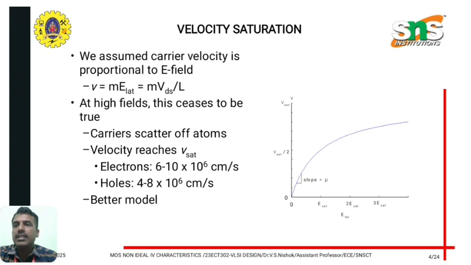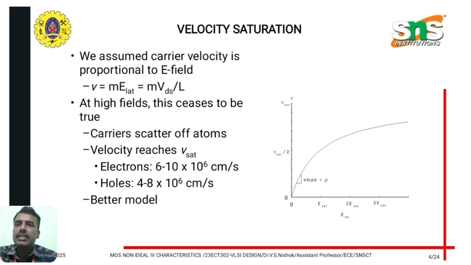Here non-ideal represents that practically, if we are implementing the MOS transistor, we will see different changes, listed here starting with velocity saturation. Ideally we consider that as the electrical field increases, the velocity of the charge carrier increases linearly.